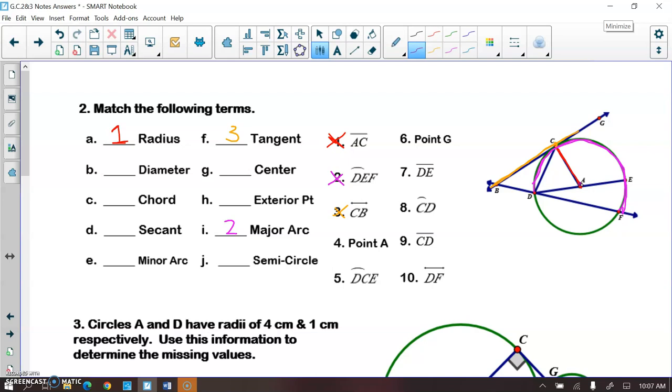So that corresponds with letter G. Arc DCE. So going from D to C to E, it actually spans the diameter of the circle, so it's half of your circle, and that's called a semicircle. So 5 corresponds with letter J.